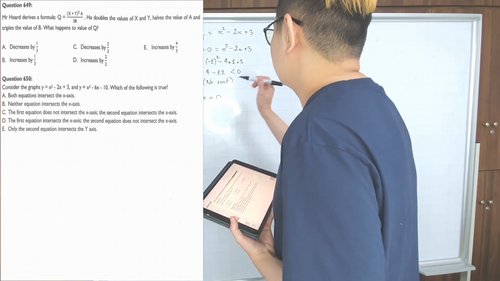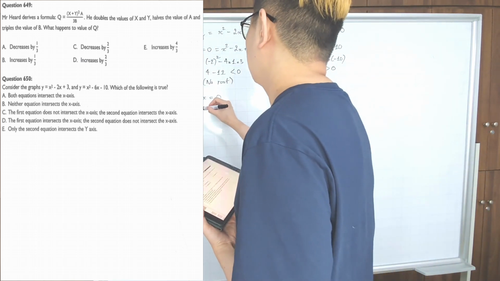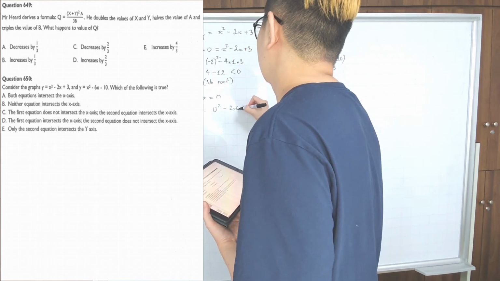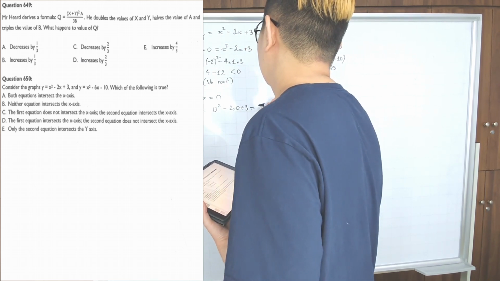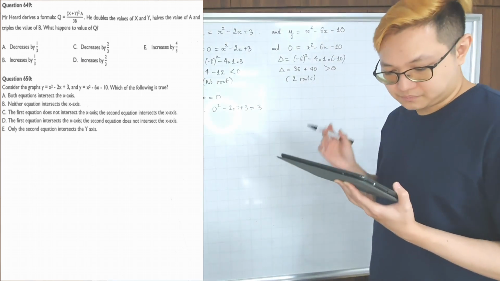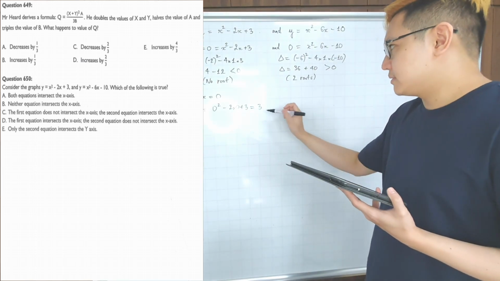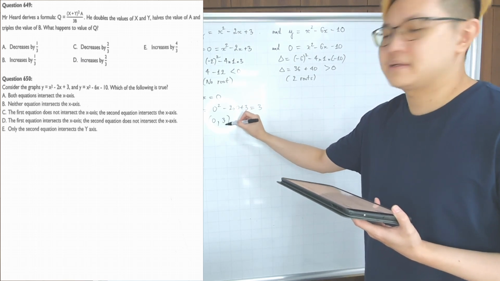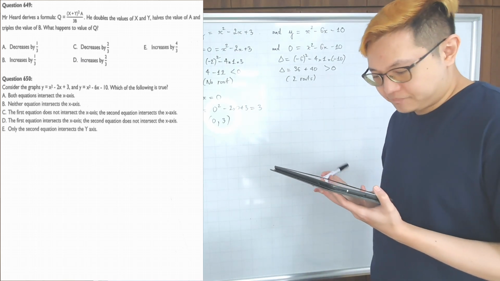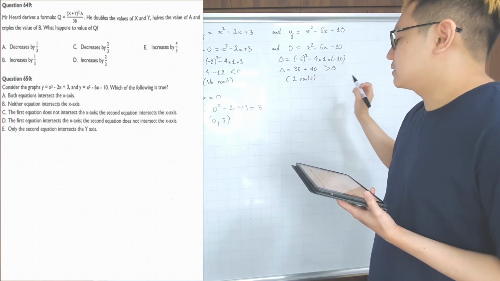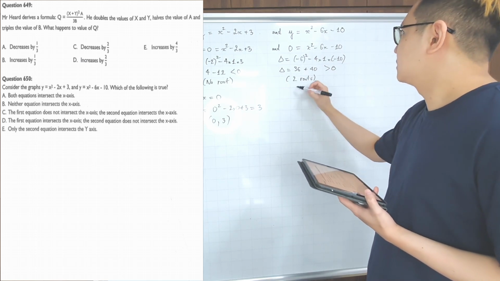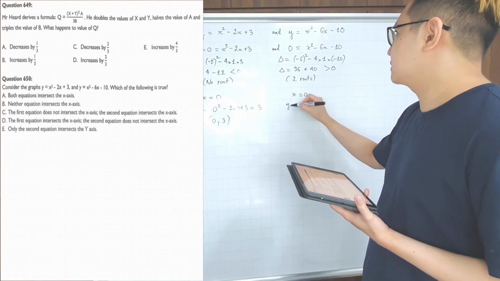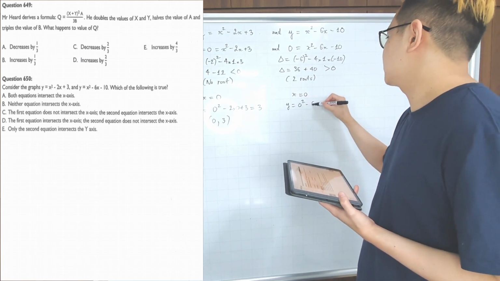Okay, so y equal to three. Okay, so this is 1 point. This is 0, 3, right? Nó cắt một điểm. And this one is x equal to 0, so y equal to 0 square.